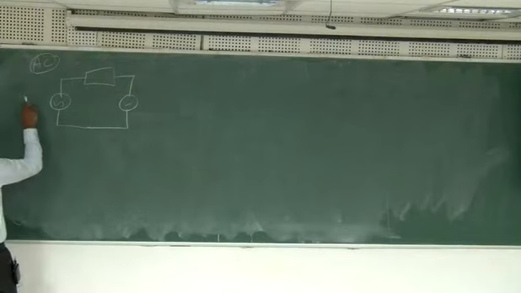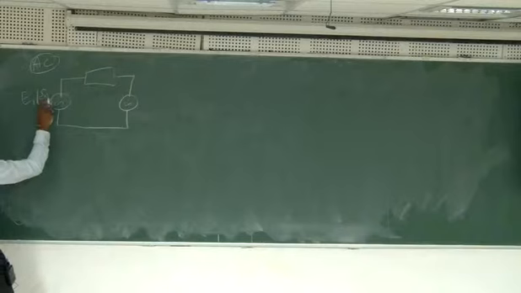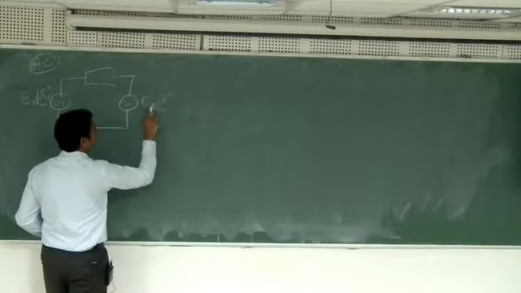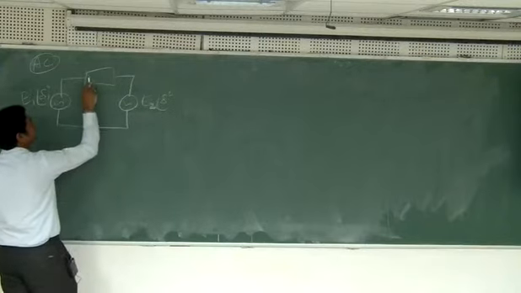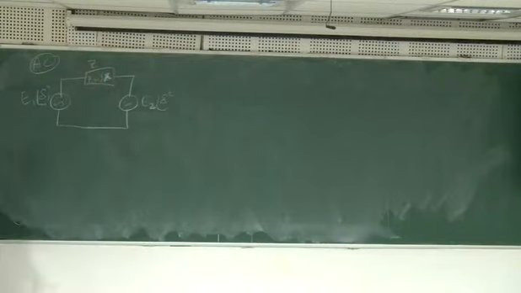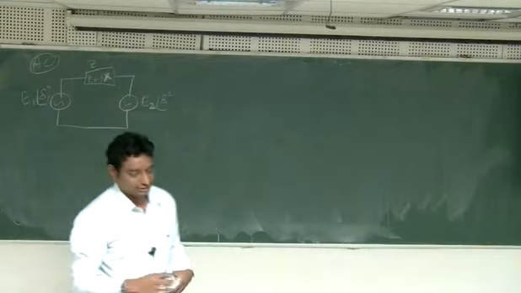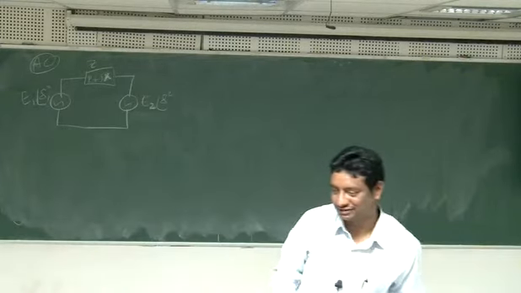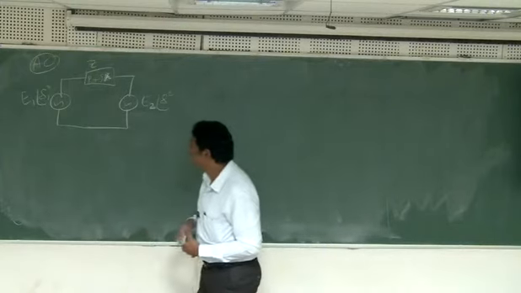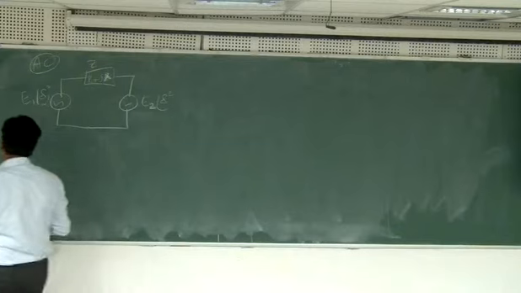Okay, so how it is. This is E1 and the phase is delta 1, and this is E2 and the phase is delta 2, and this is R plus jX, which is nothing but Z. Okay. So usually a power transmission line will be inductive because, compared to capacitance, the inductance will be more, so it is plus jX. So let's solve the first problem.